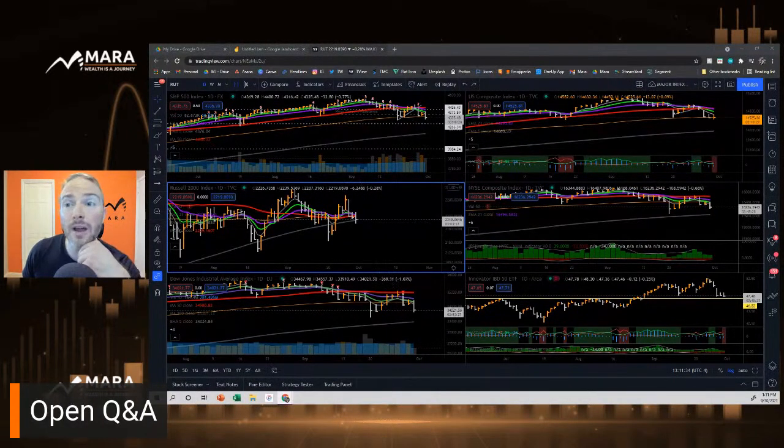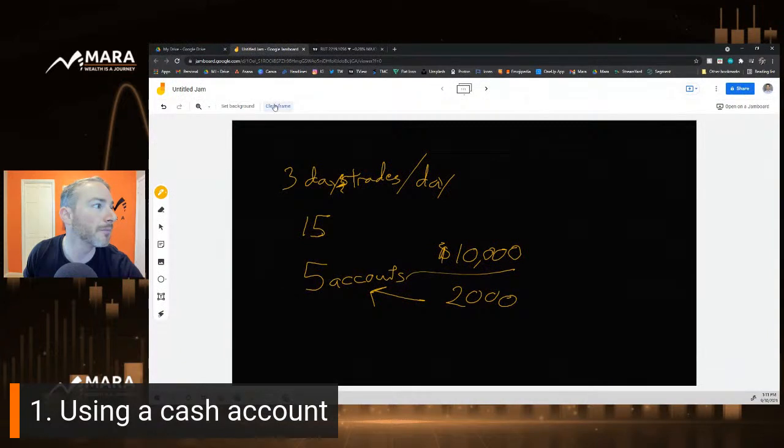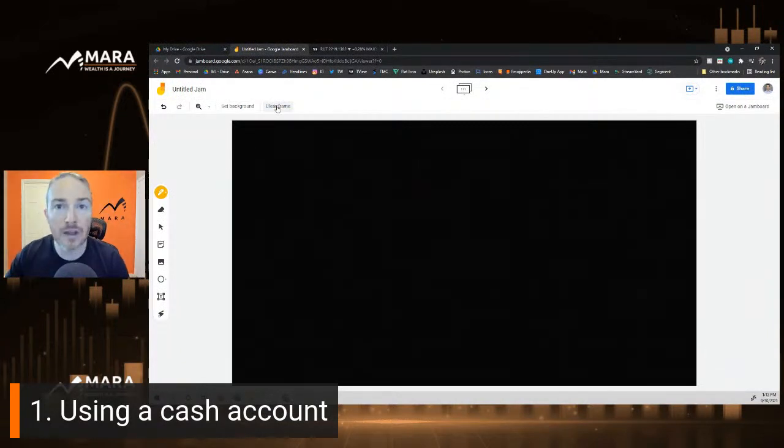So that was a quick workaround for the PDT rule. Wanted to give you guys a quick workaround for it since it was asked in one of the questions from Instagram. So again, just to review, you could use a cash account to day trade.